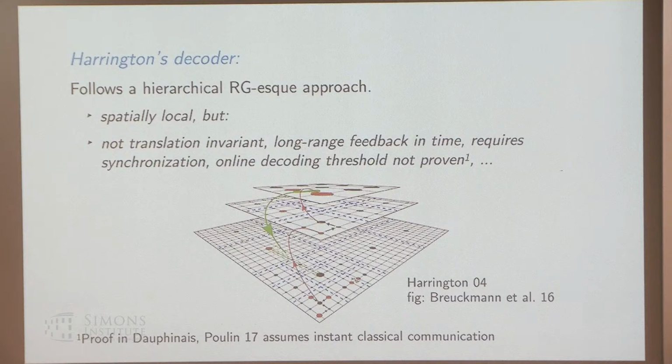One is that it's not translation invariant, neither in space nor in time. There's long-range feedback in time. It requires all of the processors to operate synchronously. It doesn't allow for continuous time operation. The threshold, you have to be a little bit careful in actually proving that there's a threshold for this code, et cetera. So I'm not going to go into detail about this, but this is one you may have heard of.